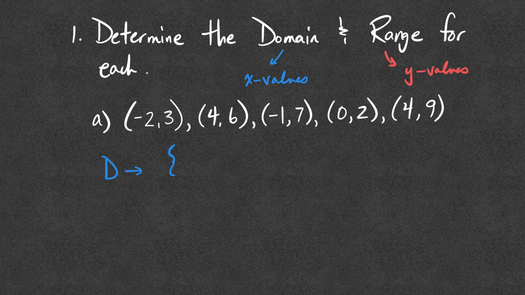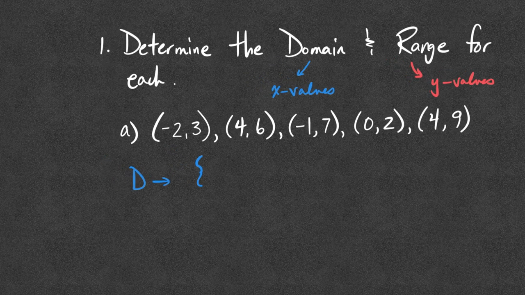When I scan my way across all of those points, I am circling all my X values. For me to write out my domain, I would not list them as -2, 4, -1, because those aren't in the correct order.